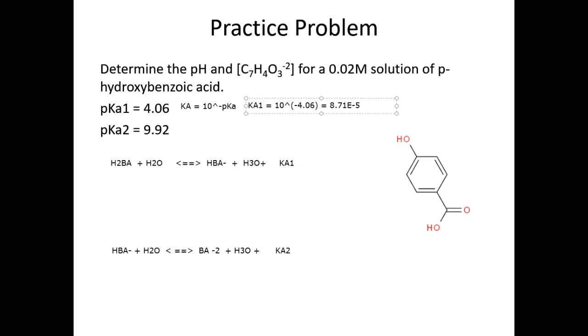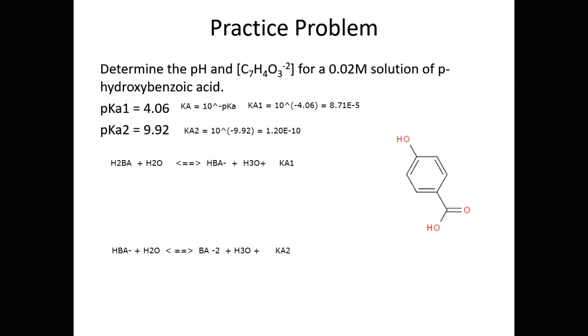We do the same thing for Ka2. Ka2 equals 10 raised to the negative 9.92. We get 1.20 times 10 to the negative 10. So those are how you go from pKa to Ka.